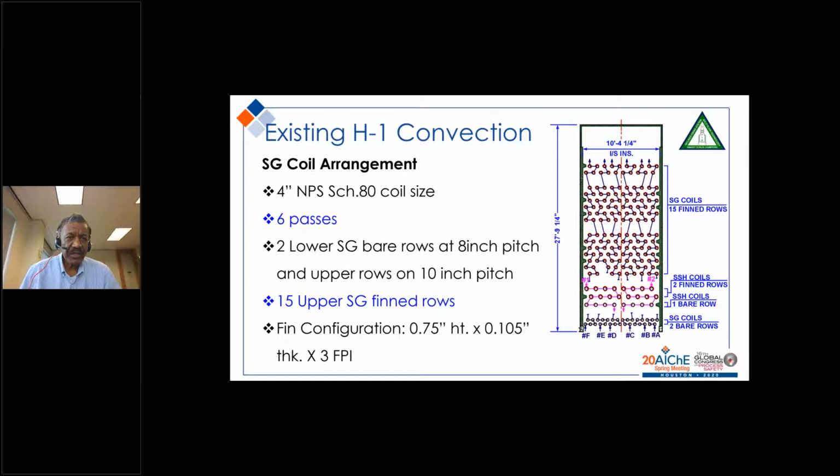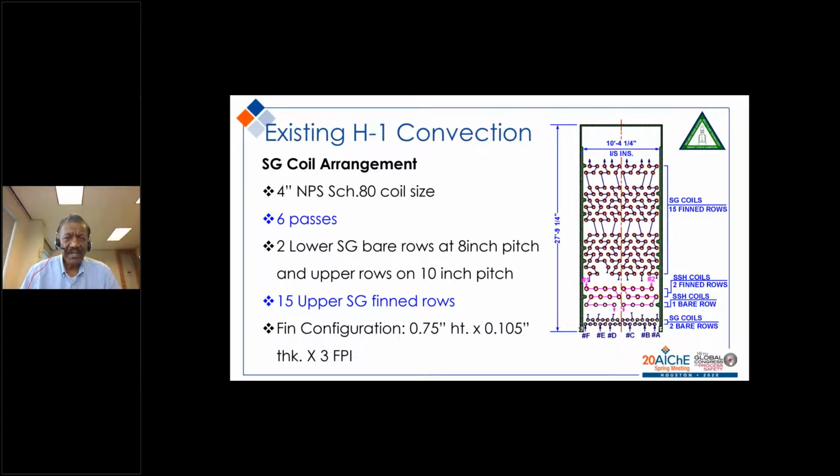The convection section was a very typical convection section. It had 2 bare rows at the bottom as a shield section, and those tubes were installed at 8-inch pitch. All the tubes were 4-inch schedule 80. Then we had 3 rows of steam superheater coils: 1 row was bare, and there were 2 rows of fin tubes for the steam superheater service.